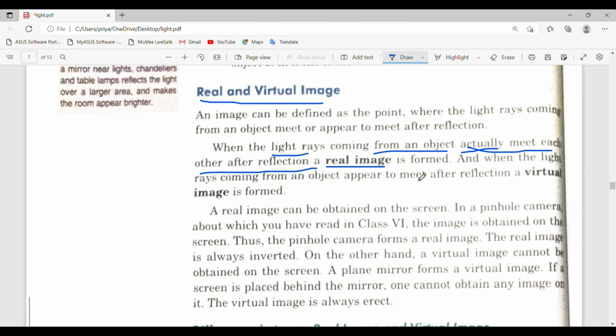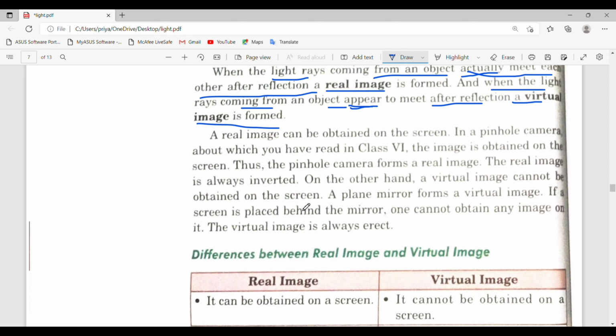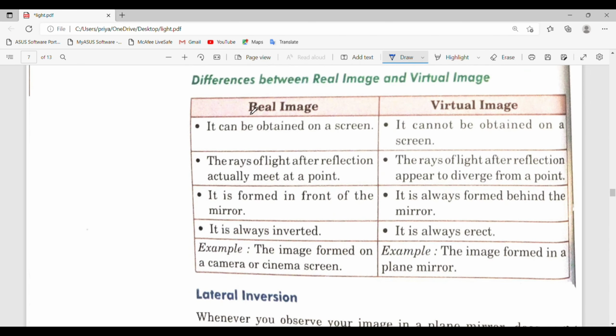And when the light rays coming from an object appear, see this word, appear, to meet after reflection, they form a virtual image. Now we are going to see some differences between the real image and the virtual image.